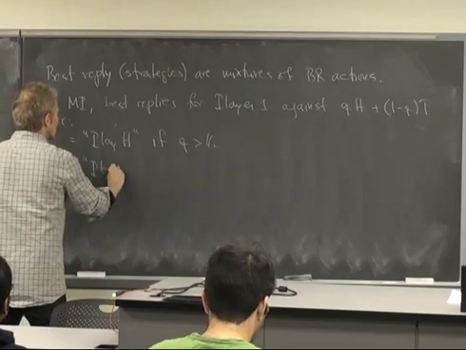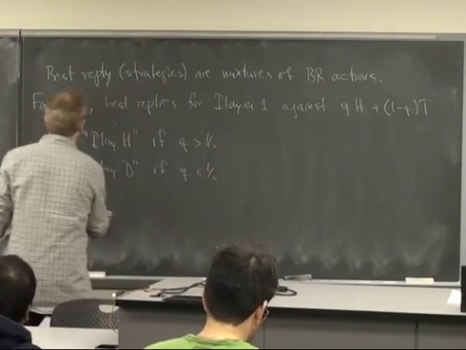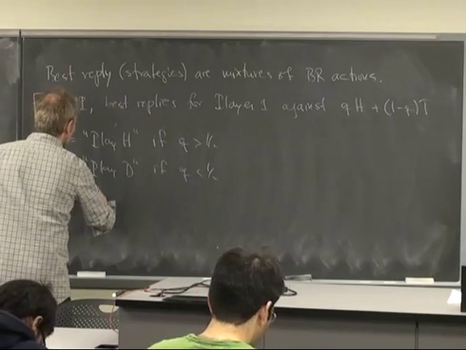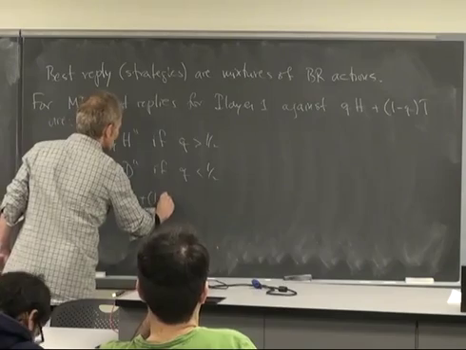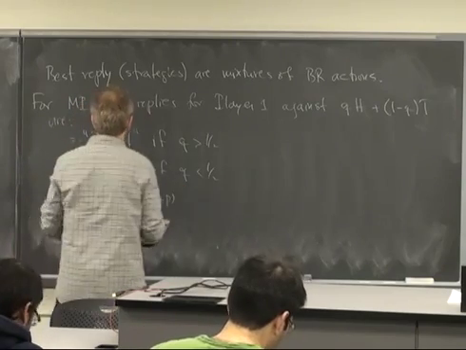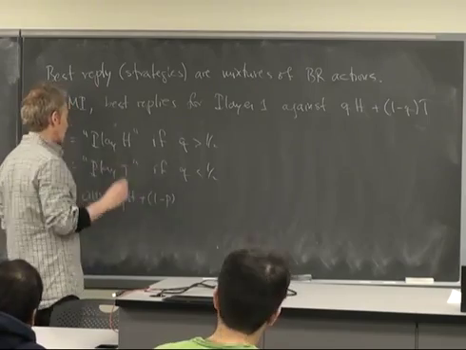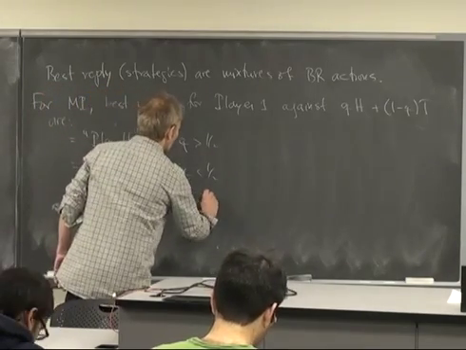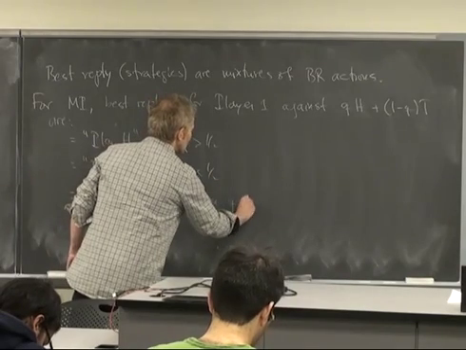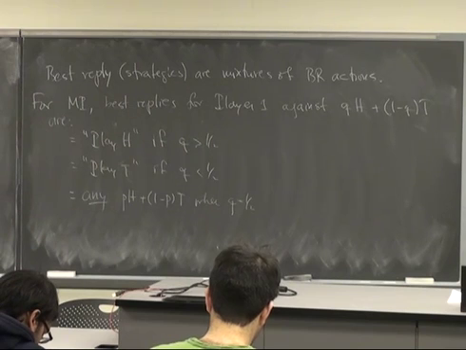Play T if Q is less than 1/2. Any strategy P H plus 1 minus P T is a best reply when Q is equal to 1/2. You get the idea, okay? So, best reply actions, best reply strategies, and so on.